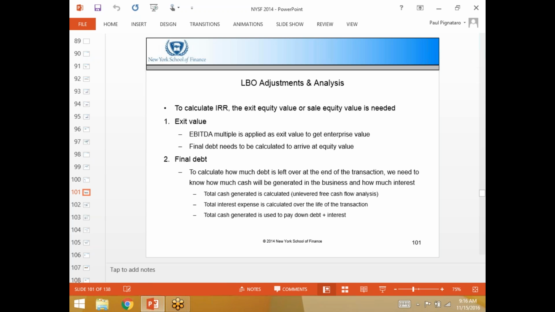Multiple of what? Multiple of EBITDA based on the last year. So we'll need to figure out how many years you're going to expect to hold the company. Let's say it's 5 years. We're going to exit on year 5 EBITDA. You're going to calculate 5 years of EBITDA and then apply a multiple. That's 1. That's how much we're going to sell the company for.